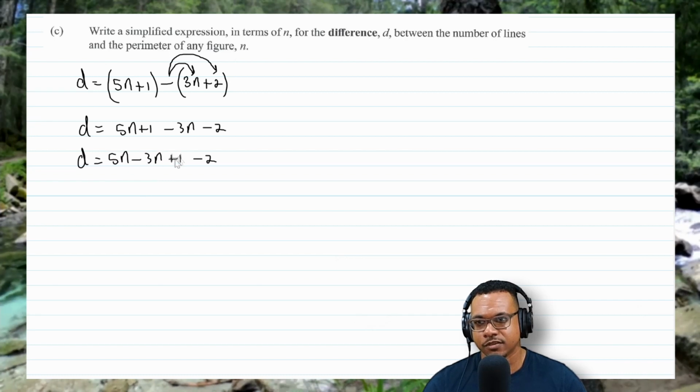Like that. So now I have positive 1, take away 2. So I'll have d is equal to 5n take away 3n, which is 2n, and 1 take away 2, which is negative 1. And this will be my simplified expression for d, which is the difference between the number of lines and the perimeter in terms of n.